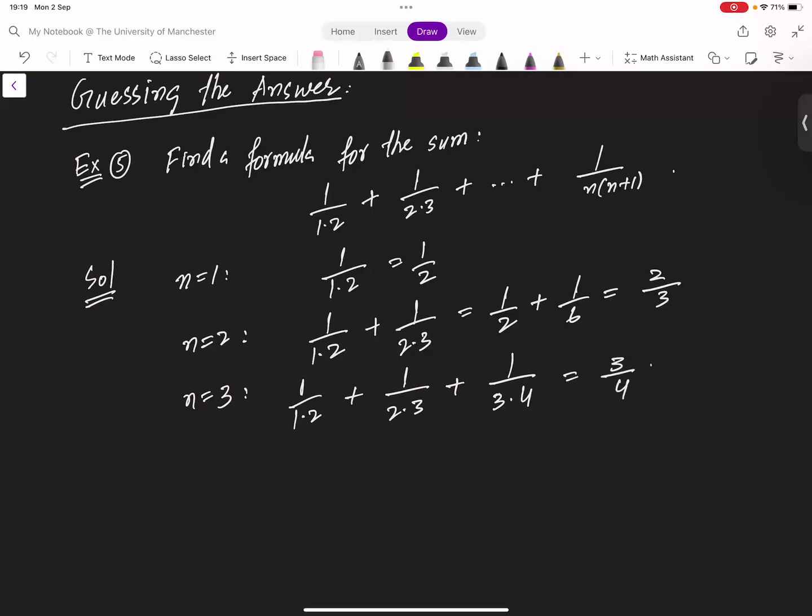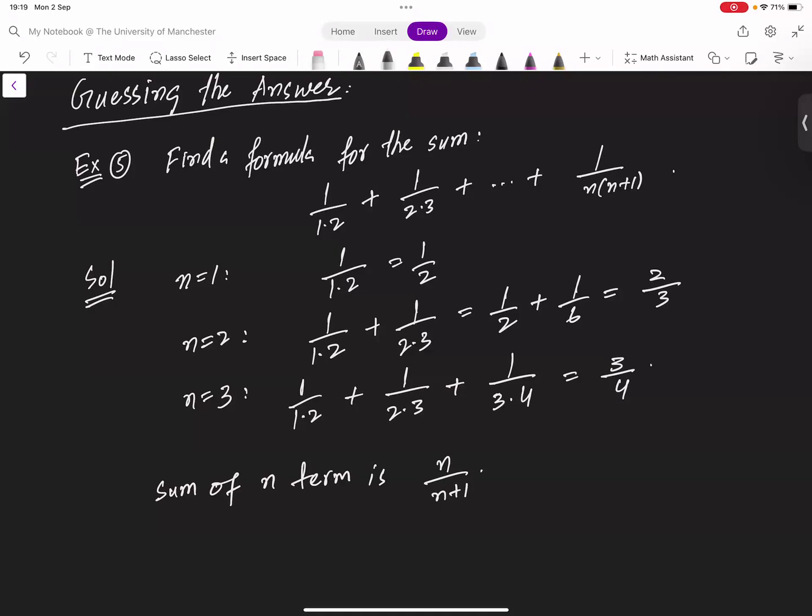So we intelligently spot a pattern in these answers and guess that the sum of n terms is probably n over n plus 1.